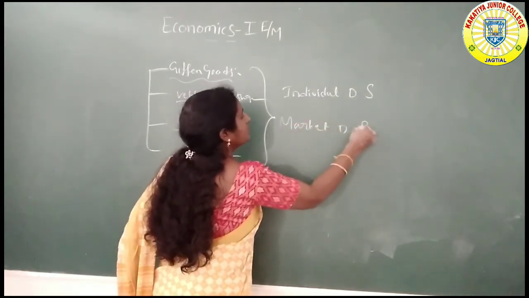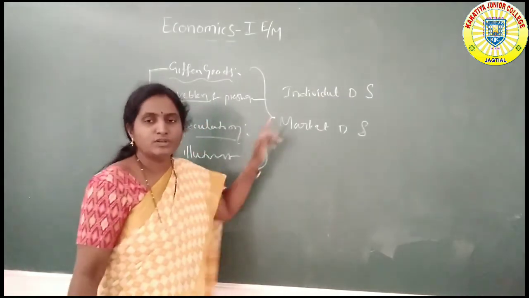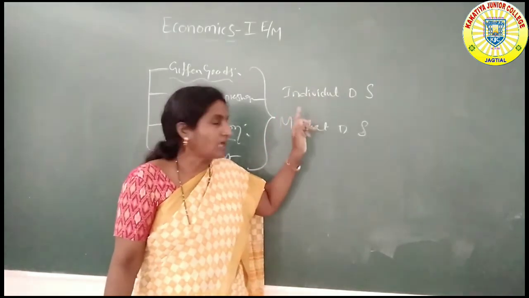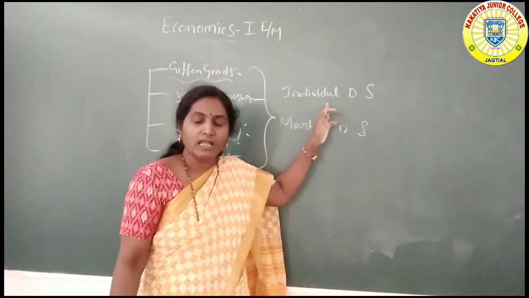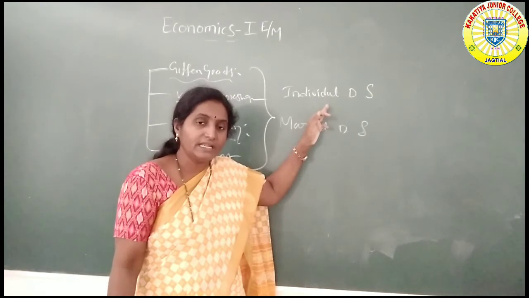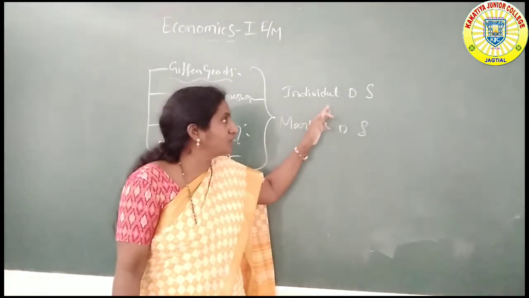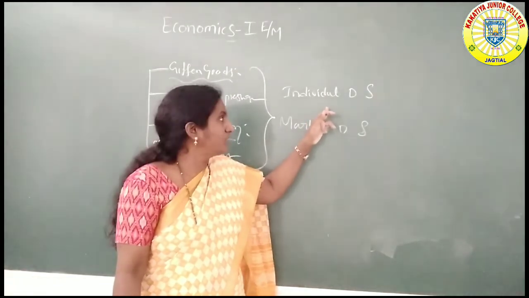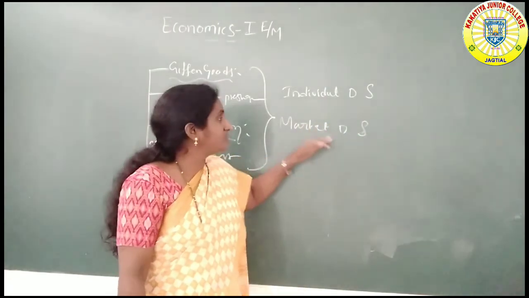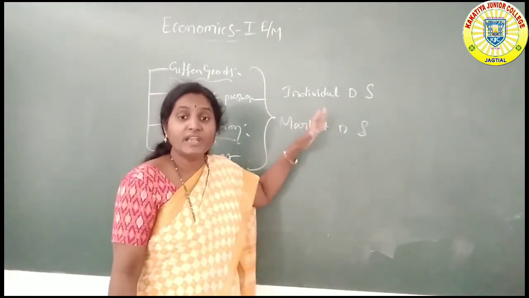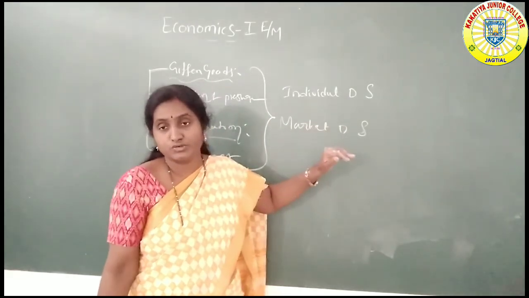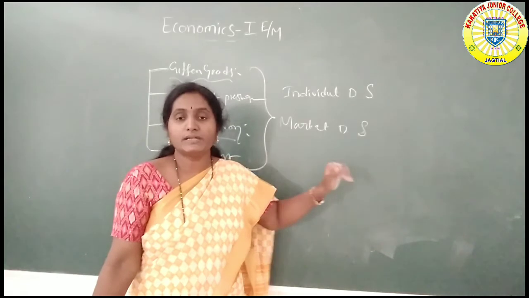Individual demand schedule means the demand of a single consumer. The different goods and services demanded by the consumer in the market at given prices in a particular time is known as the individual demand schedule. And next, the market demand schedule means the different types of goods and services demanded by different consumers at a particular time and period.